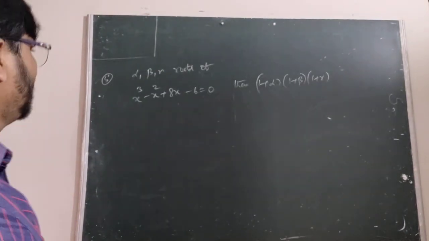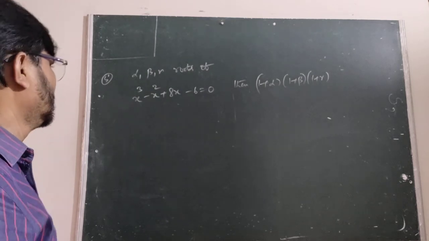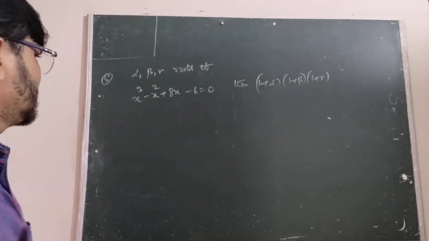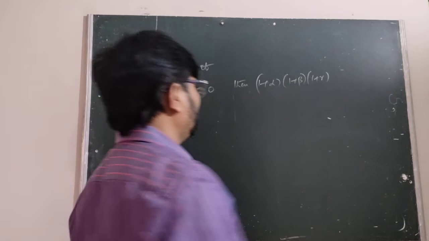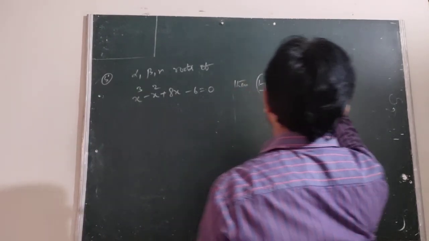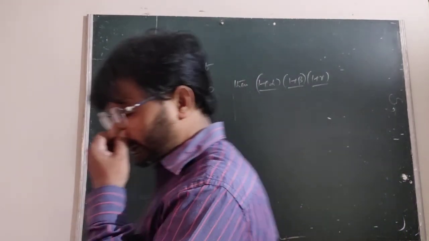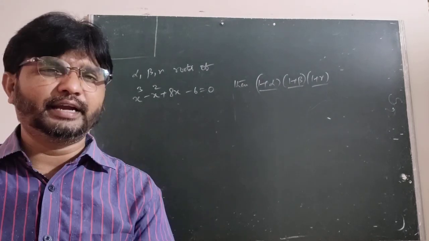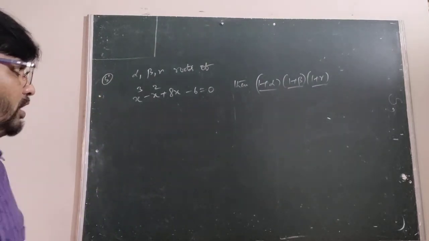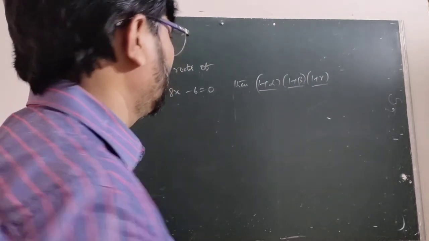Now here alpha, beta, gamma are the roots of x cube minus x square plus 8x minus 6. Then find the value of 1 plus alpha, 1 plus beta, 1 plus gamma. That is, we have to find the product of 1 plus alpha into 1 plus beta into 1 plus gamma.